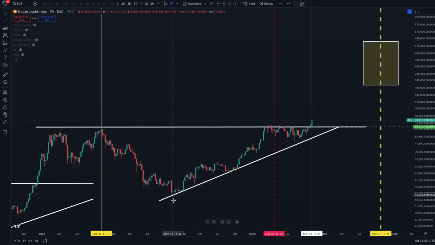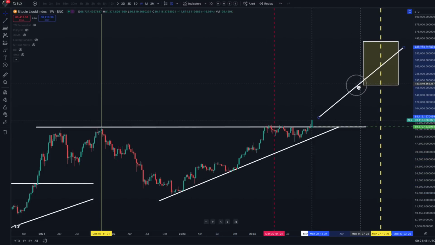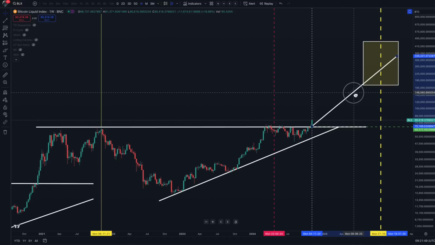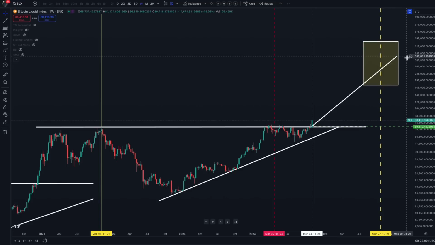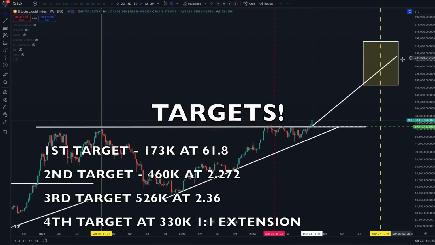So if you take the 1-to-1 extension from the bottom of the bear market at 15,400 and you take it to the 73,000 that it reached here, and you do the extension from the breakout, which is where you would normally traditionally do that, and the breakout obviously was at this point at the 70,000, the target that is giving us there is at around about the 330,000, and we have done quite a number of measures which have pointed to the 300,000 as a target. So those are the four main targets that we should just keep in mind.